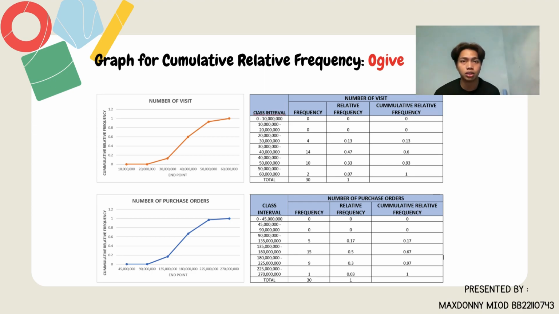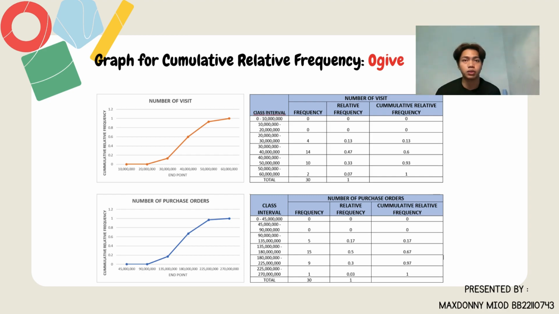For the class 30 to 40 million, the relative frequency is 0.47, we add the previous cumulative relative frequency 0.13, and we get the cumulative relative frequency for the fourth class, which is 0.6.